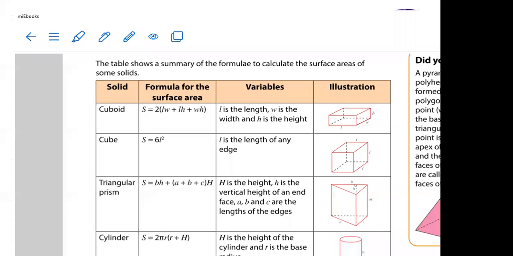I'm talking here about a normal rectangular prism. A rectangular prism will have 3 different faces. In other words, it will have 3 different rectangles. One where you multiply the breadth with the height, one where you multiply the length and the height, and one where you multiply the length and the breadth.